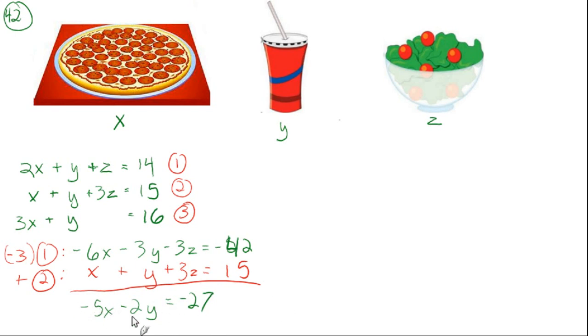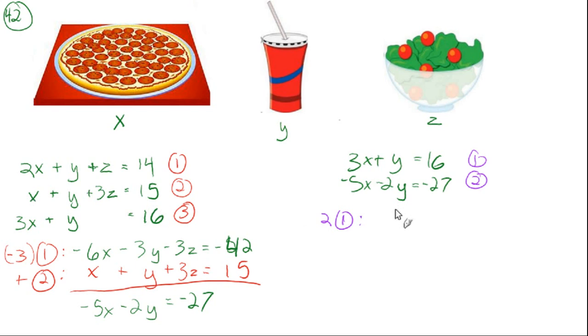So now we have this equation and this equation both with just an x and a y. So we have 3x plus y equals 16. That's from here. And negative 5x minus 2y equals negative 27. That's from right there. And so we want to cancel out something here. Looks to me like the y's would be the easiest thing to cancel. I would just take 2 times equation 1.